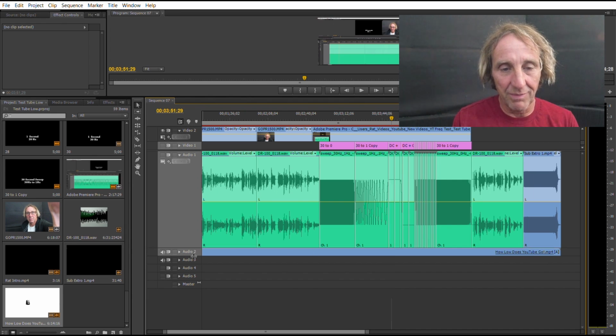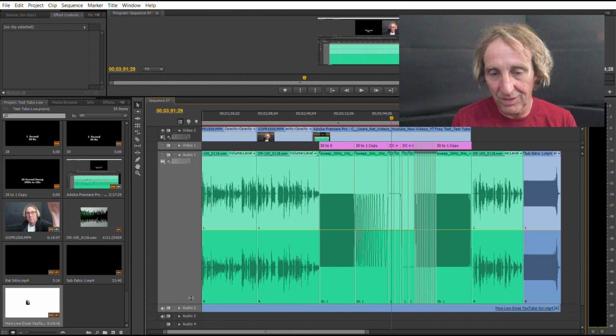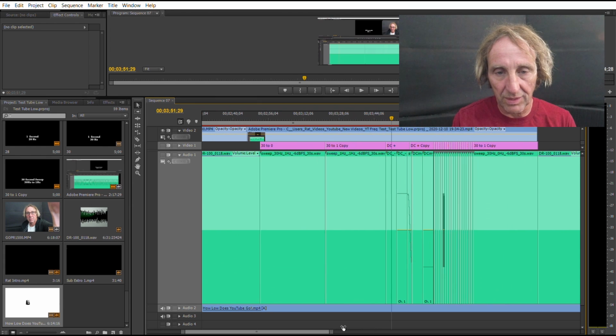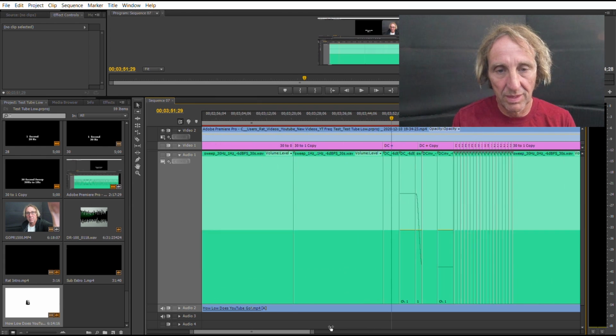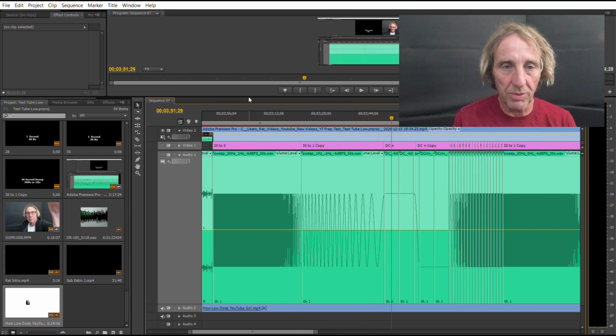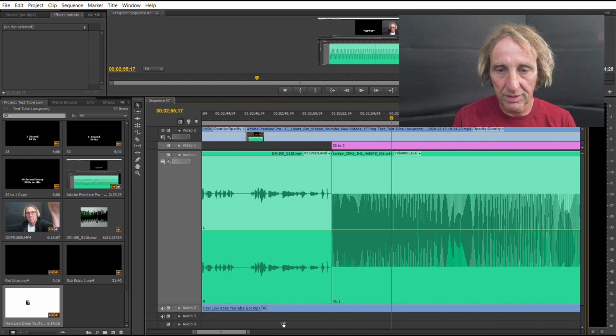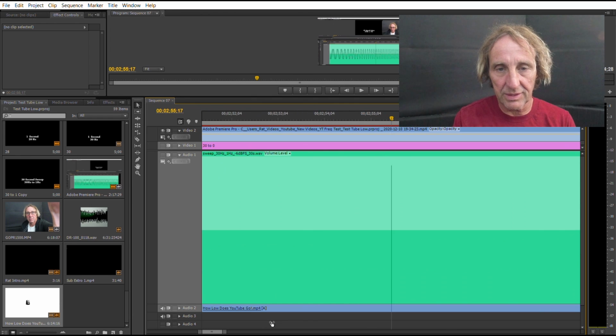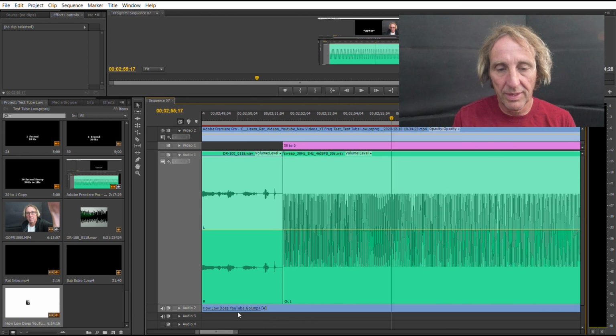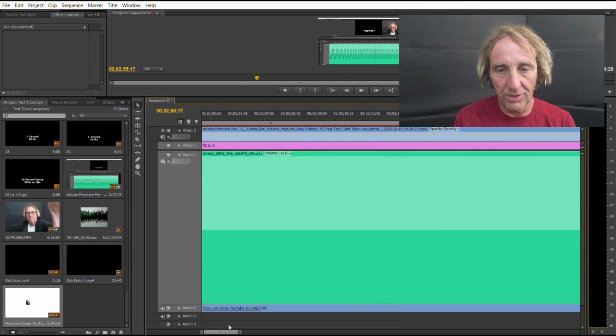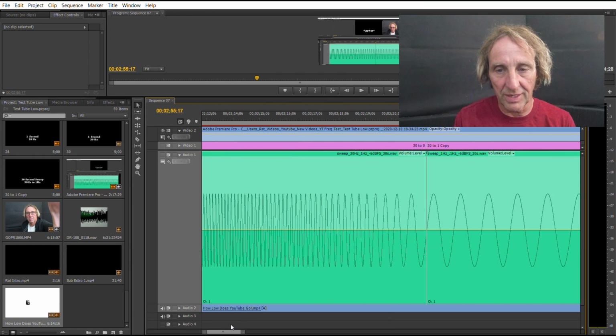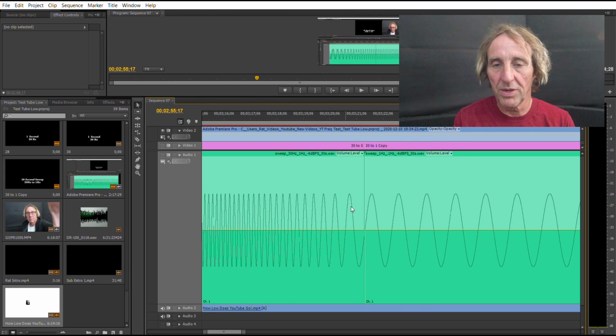If you look here on my screen, I'll expand this out and put the marker here, and we will look at the 30 cycle tone. It is slowly going lower and lower in frequency until it gets to 1 hertz.